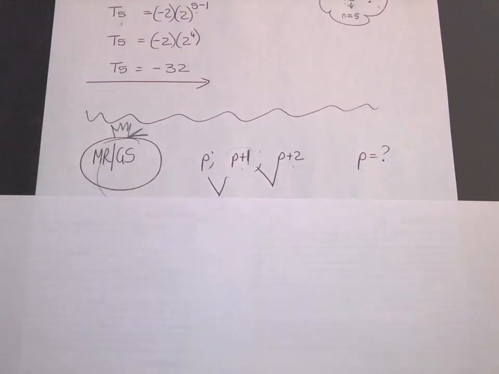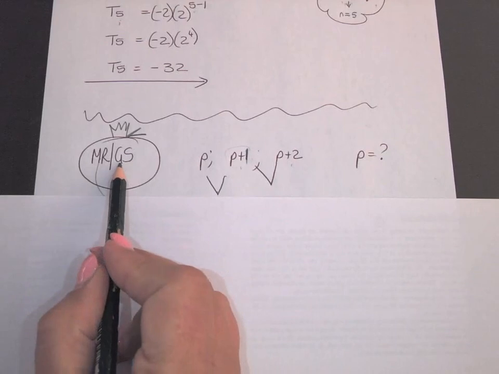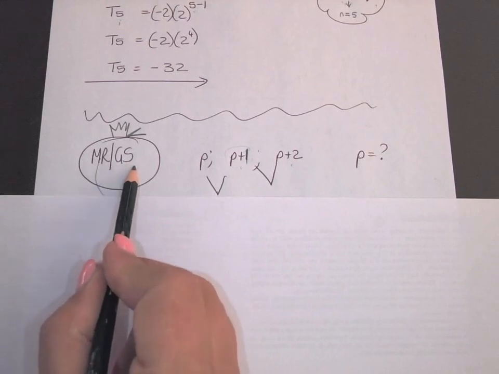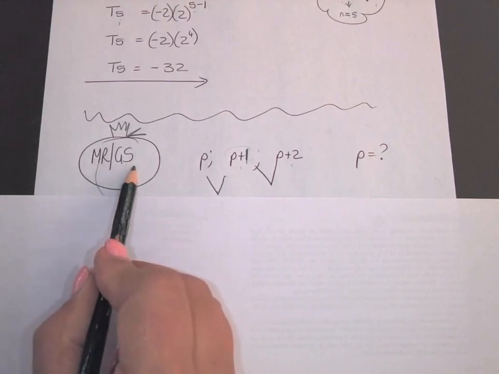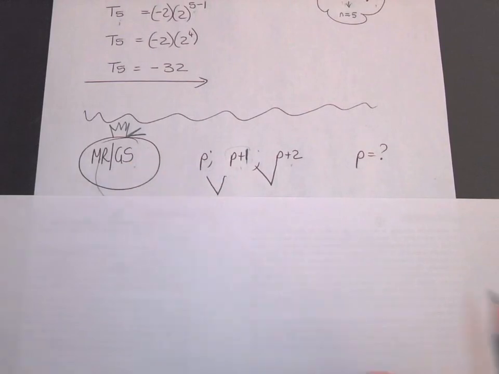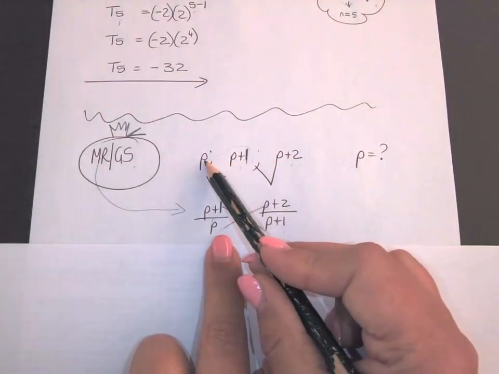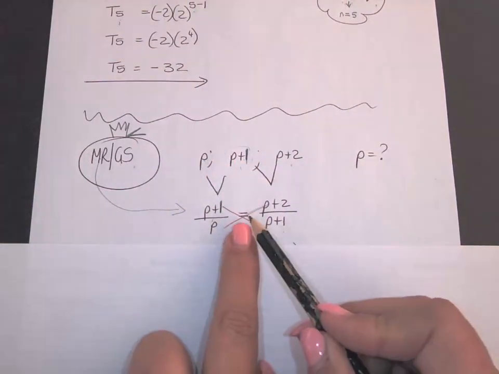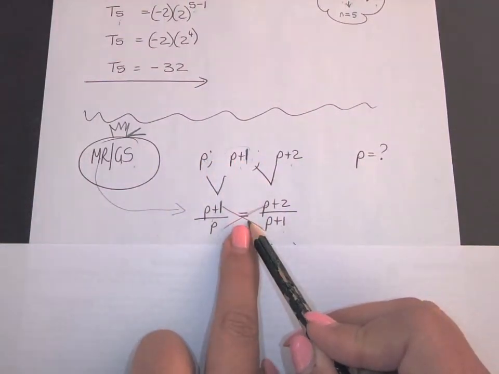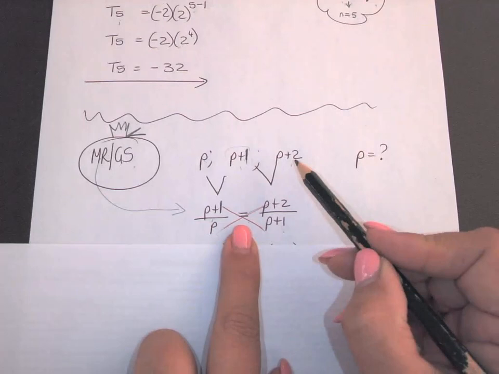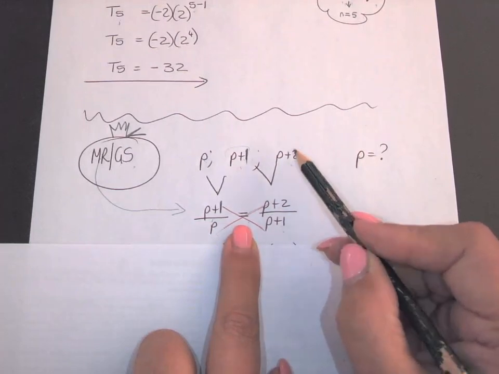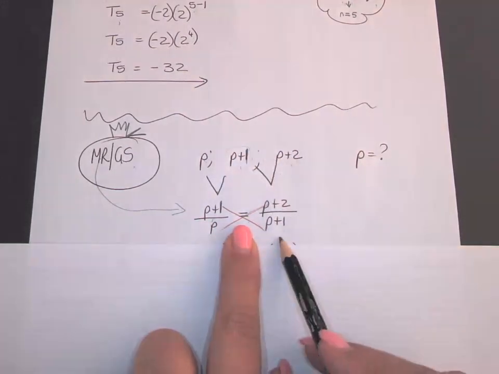What is the outstanding characteristic of a geometrical sequence? Constant ratio. So you use that and you say the second term divided by the first term must be equal, because it's a constant ratio, to the third term divided by the second term.